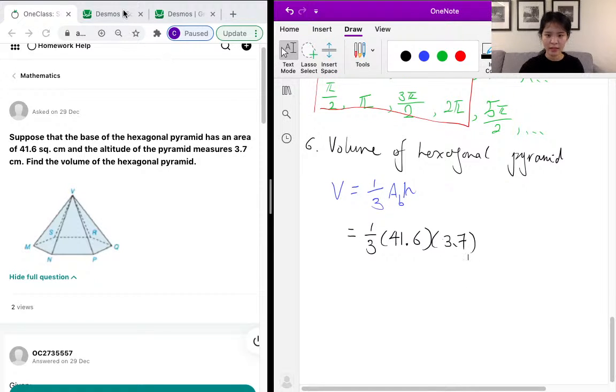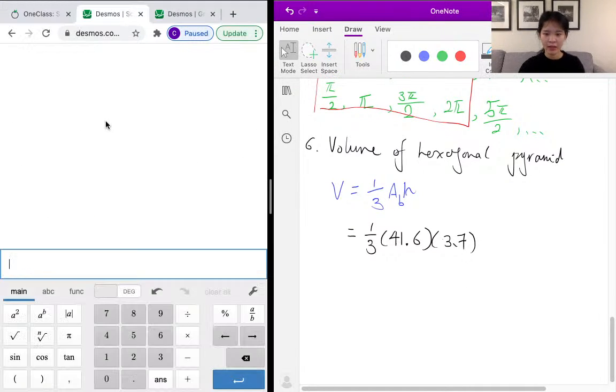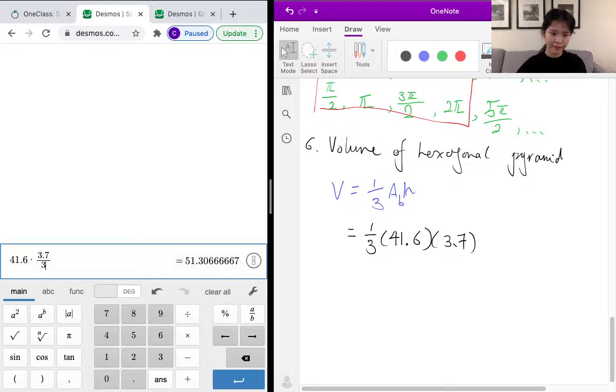In this case, you can do it by hand, but it takes a while. So I'll just use our calculator, and type the numbers in. So we have 41.6 multiplied by 3.7, and then divided by 3. Because this is all multiplication and division, the order of operations doesn't matter, and we can just type into the calculator like this.